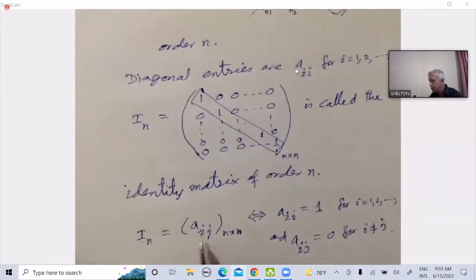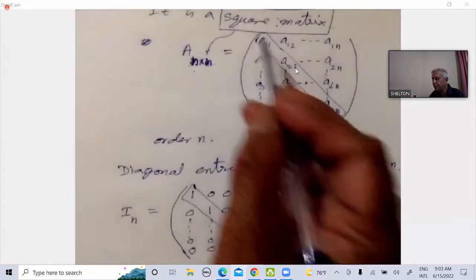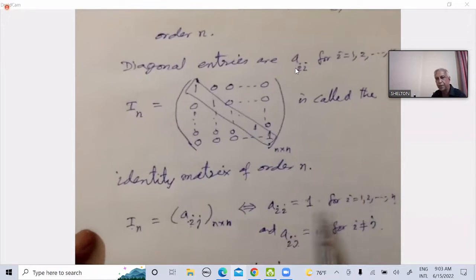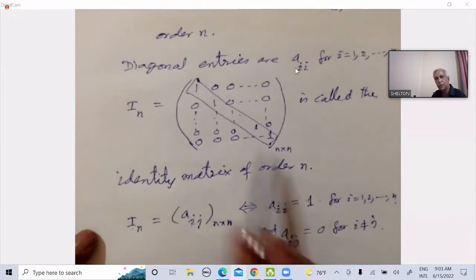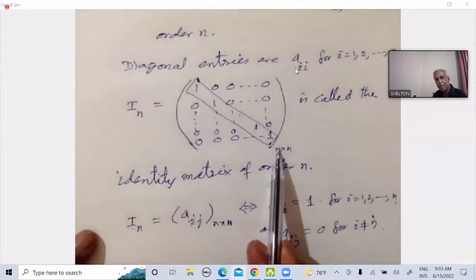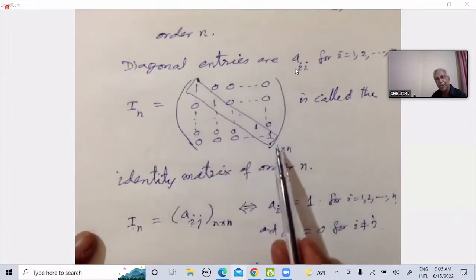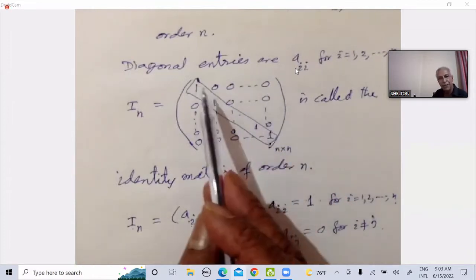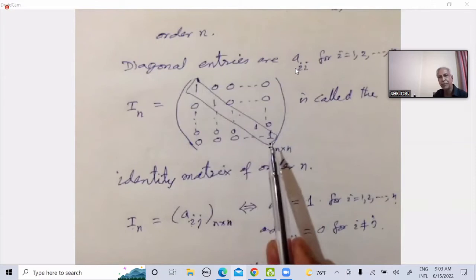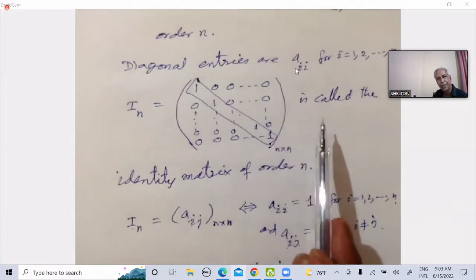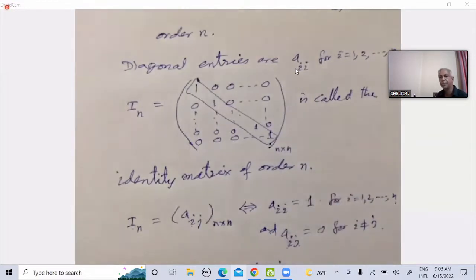So the A_ii are the entries on the diagonal, i going from 1 to n. So the A_ii are always ones. And off diagonal, meaning not on the diagonal, in the A_ij representation, i is not equal to j.